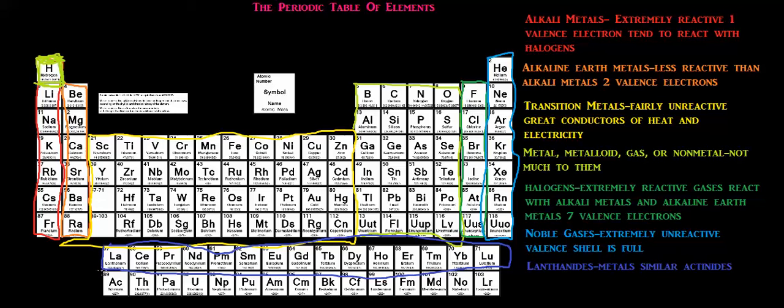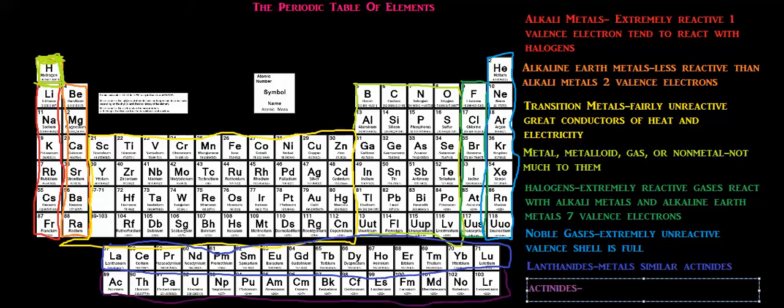Let's do them in this purple here. Oh, that's kind of dark. So actinides are radioactive, and that's pretty much all that distinguishes them from lanthanides. So actinides are radioactive, and lanthanides are metals, and they're very similar to actinides.